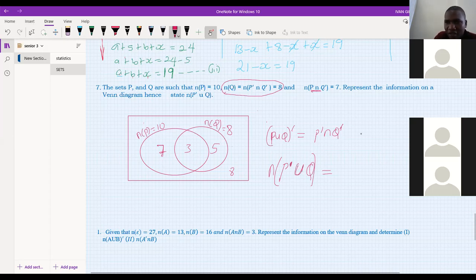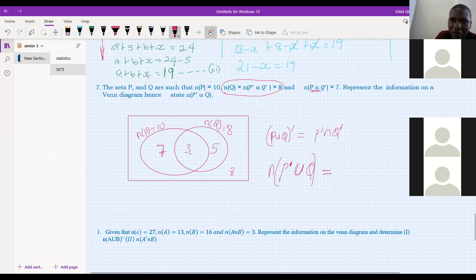So here, if you want, 13. How many? 13. How can you get other number? Like P complement's elements. The number of P complement union Q is like the number of minus P, but with Q, like its number.